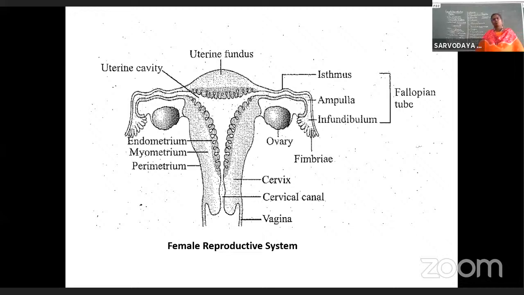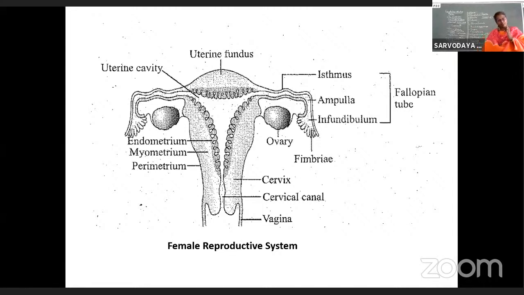Endometrium. Now there is another kind of question which can be asked: mention the layer which takes part in the menstrual cycle. It is the endometrium. Second, mention the layer which helps in parturition.